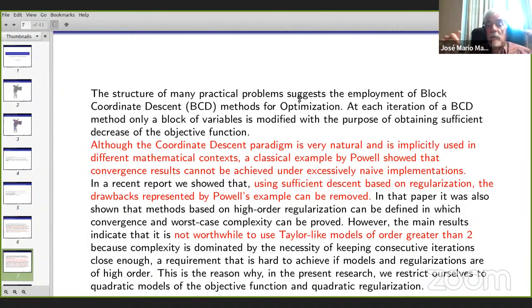In that paper, we also showed that methods based on high order regularization can be defined with convergence and worst-case complexity. However, the main results show that it is not worthwhile to use Taylor-like models of order greater than 2, because the complexity is dominated by the necessity of keeping consecutive iterations close enough. And this requirement is hard to achieve if models and regularizations are of high order. This is the reason why in the present research, I am going to restrict myself to quadratic models of the objective function and quadratic regularization.